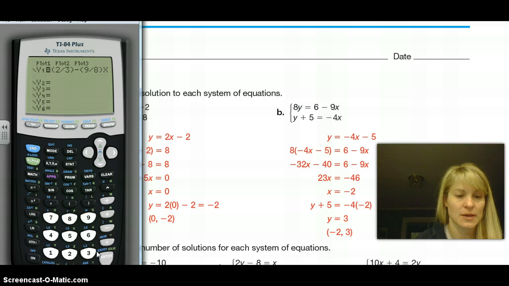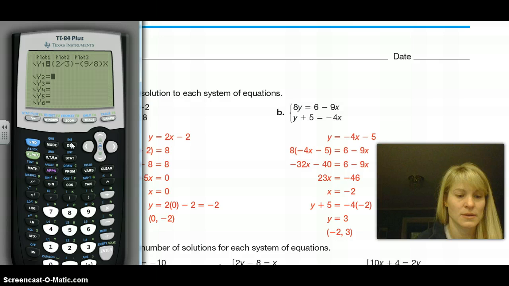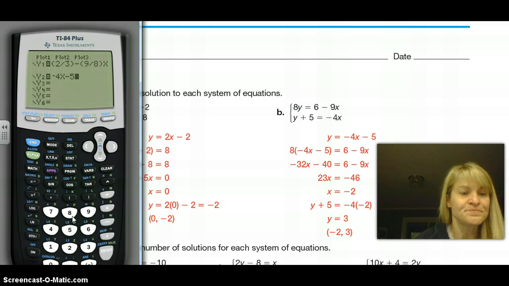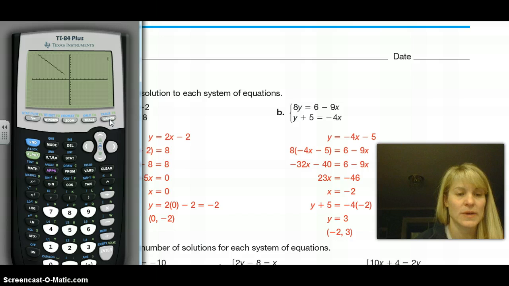And then down at the bottom we had negative 4x minus 5. And when we graph those, we find that they have an intersection.